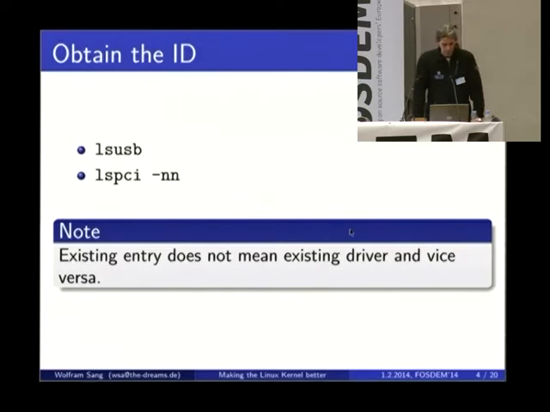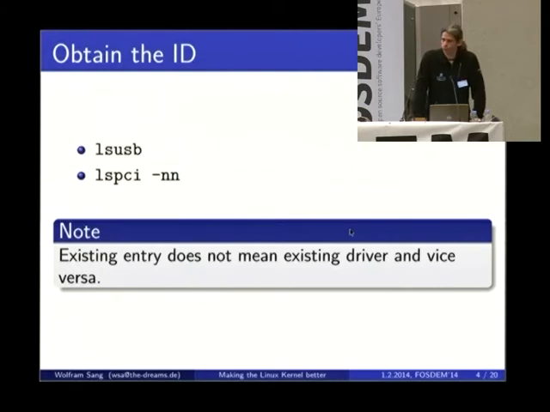If the output of those tools gives you a name, that does not necessarily mean there's a driver already for it. Those two databases, the Linux drivers and the USB ID list, are decoupled.